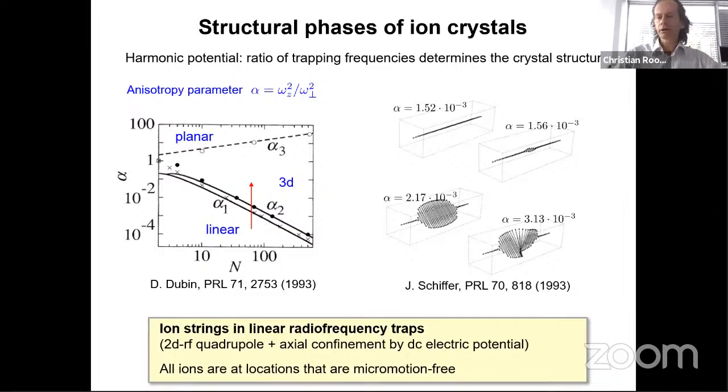This is why linear strings of ions are an interesting object for quantum physics experiments with multiple ions, because they can be placed at locations where they don't undergo this micromotion, which might otherwise perturb the experiments.